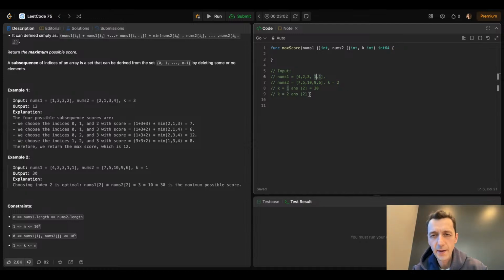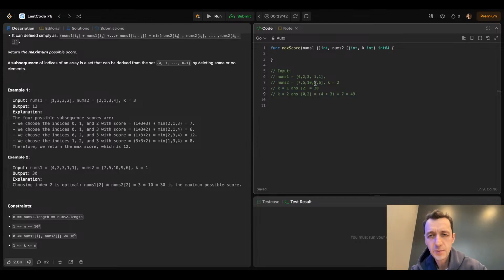Then the first one, I mean the 0 one, so what will it look like? That would be 4 plus 3, multiplied by the minimum one of them, which is 7. So that would be 7 by 7, 49.